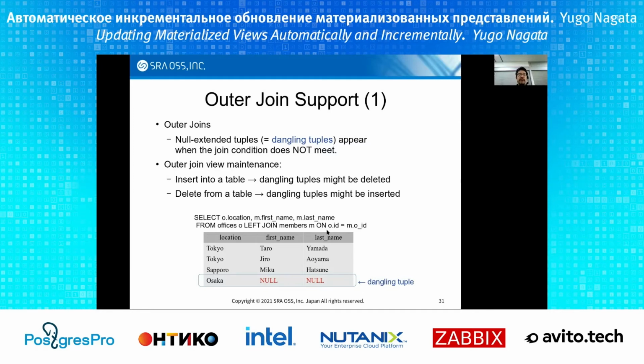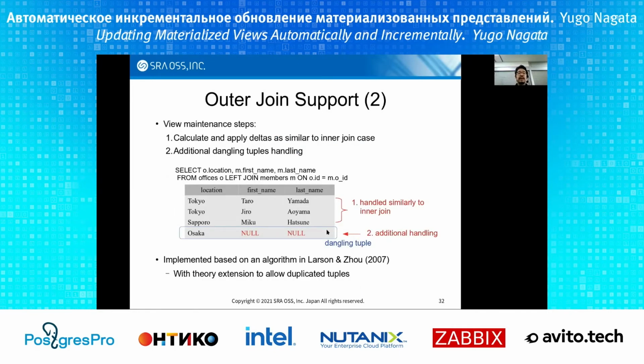So when a tuple is inserted in the table, dangling tuples might be deleted from the view. And when tuples are deleted from the table, dangling tuples might be inserted into the view. So it needs some extra work.